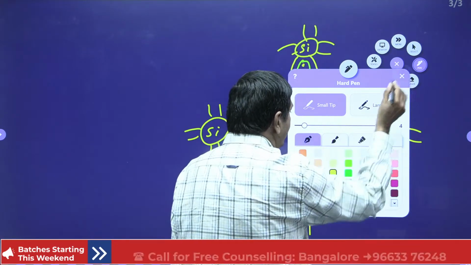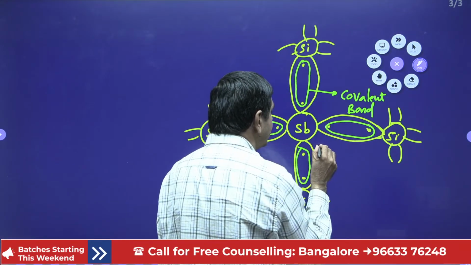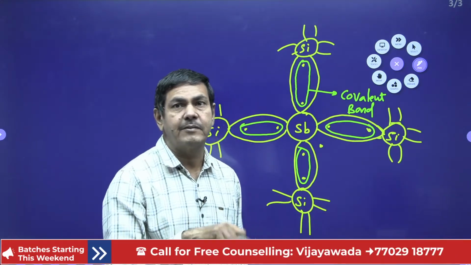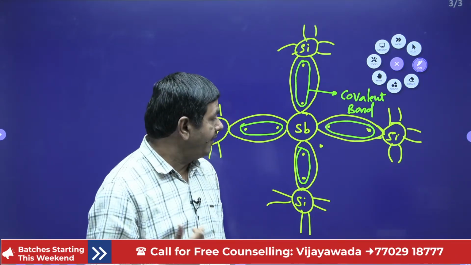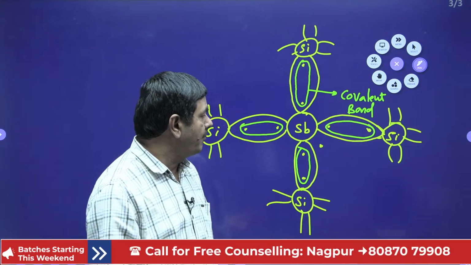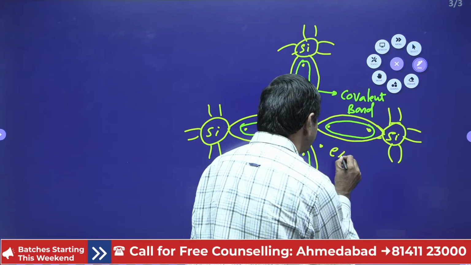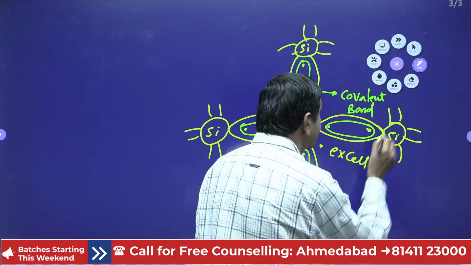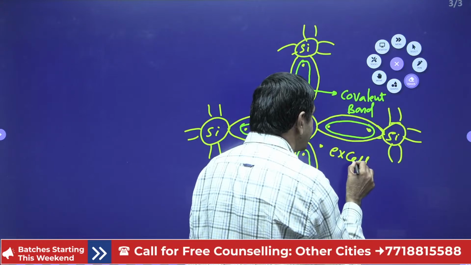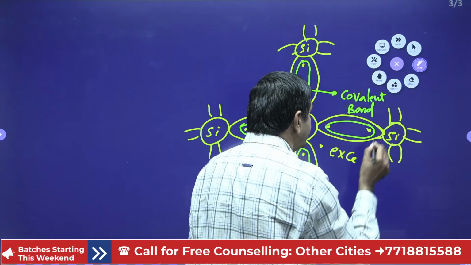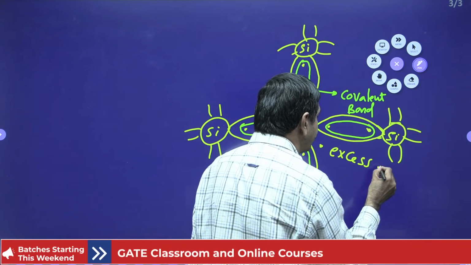This electron doesn't have any more electrons to share with. When it doesn't have any more electrons to form a bond, it stands as an excess electron. This is going to remain as an excess electron only now.